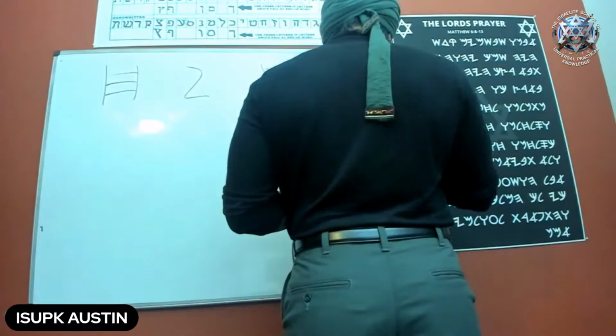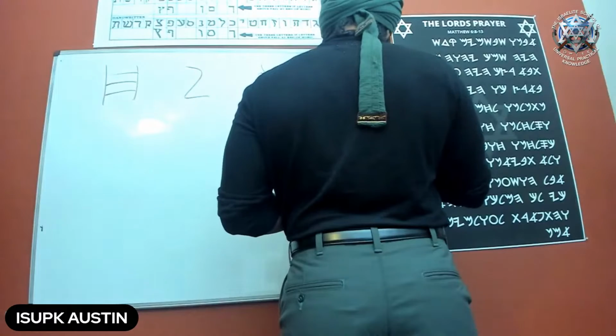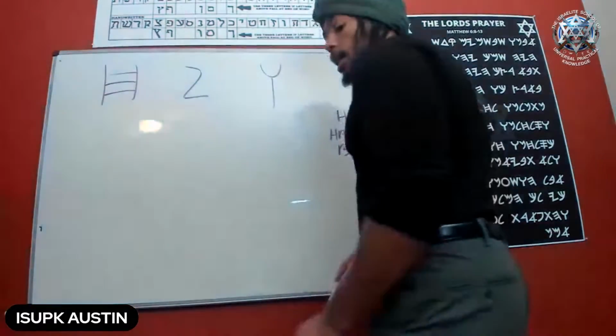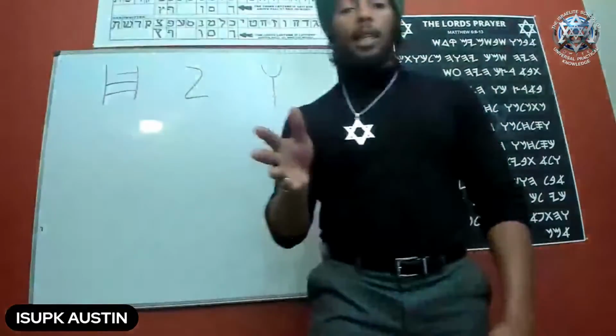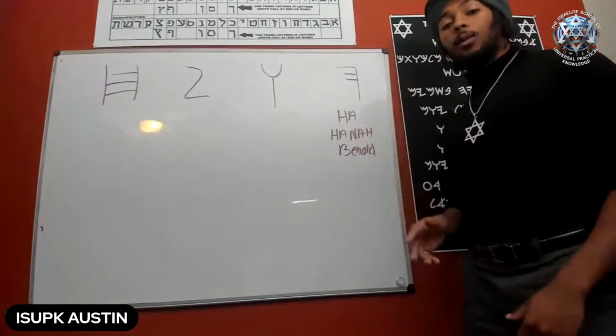What does Hinei mean? It means to behold. Why? Because it's kind of like, when I say like this, think about what I'm pointing at, like, hey, behold, this right here. You know what I mean? That's where it comes from.